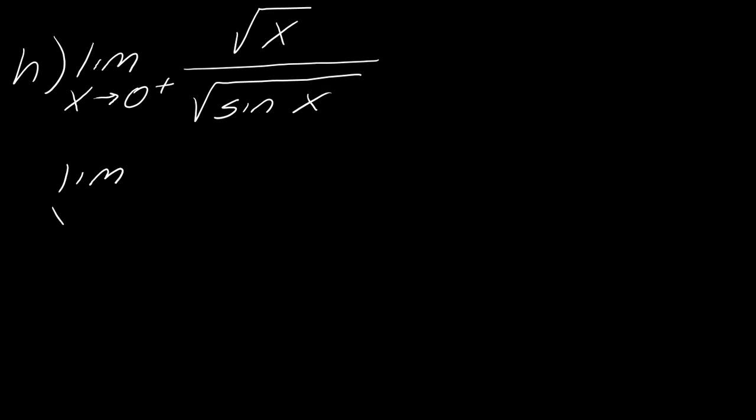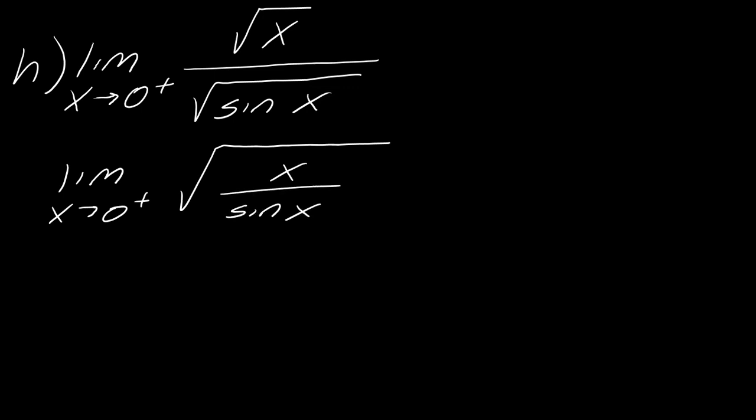So here's what I'm going to do. I'm going to take this square root. Notice this is x over sine of x. And actually, this should look very familiar to really one of my favorite things from limits. This is related to an old theorem that says that the limit as x approaches 0 of sine of x over x equals 1.